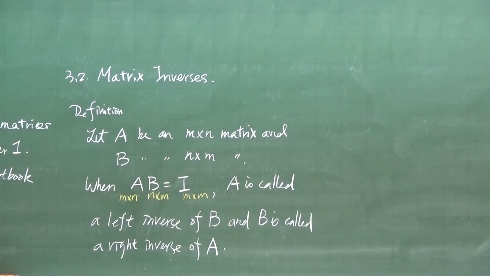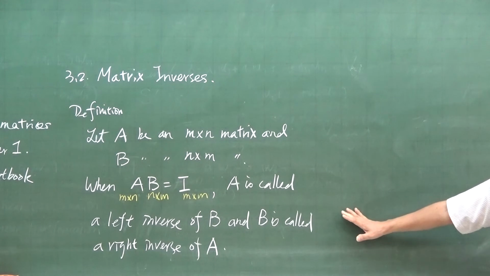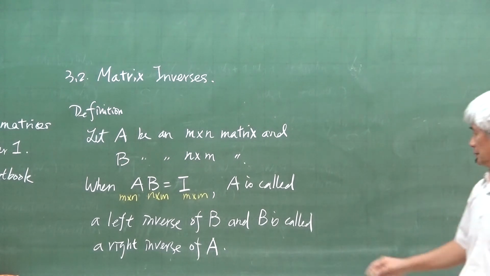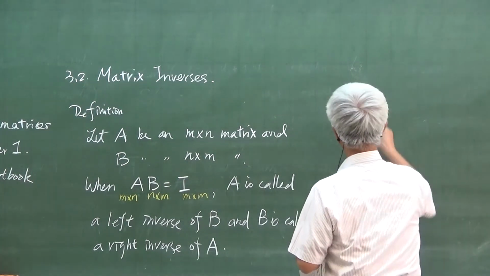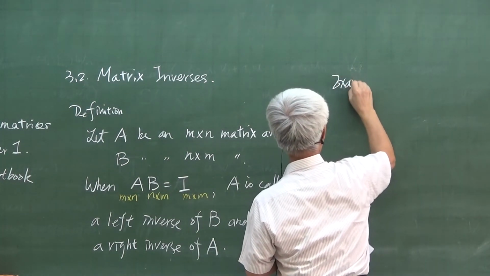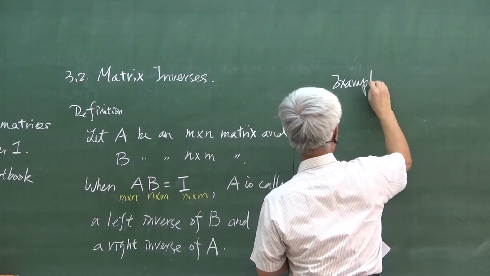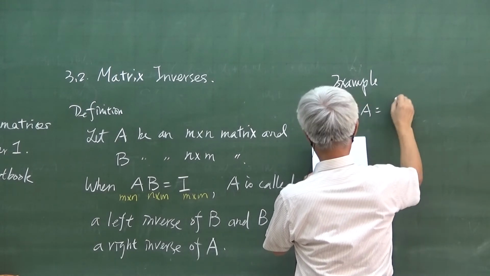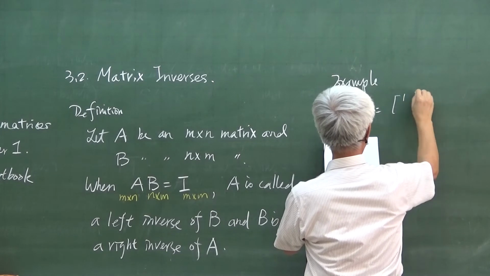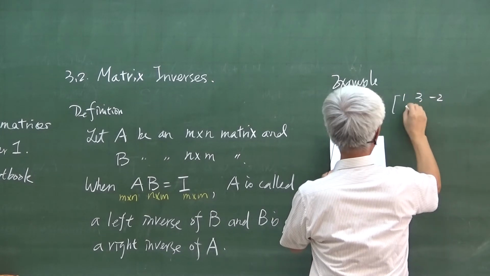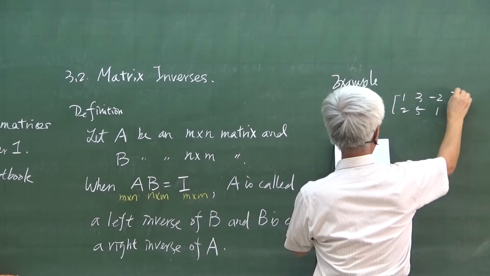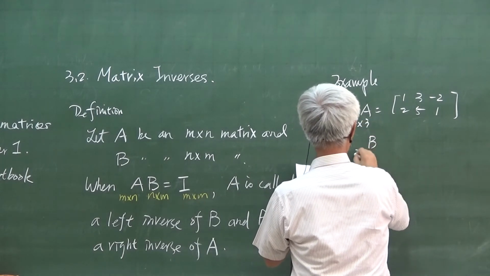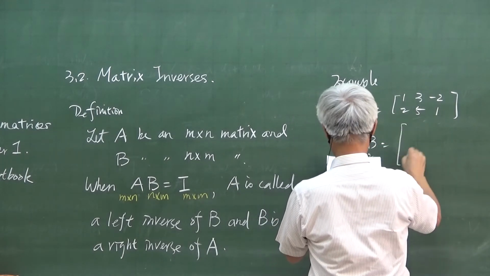Any questions about the definition here? Before going further, we take an example. Suppose A is 2 times 3, and B is 3 times 2.